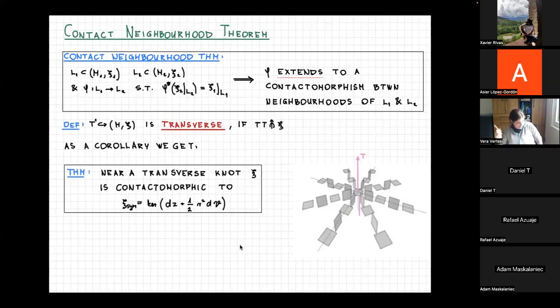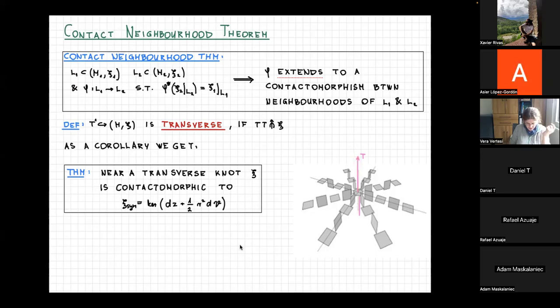The same theorem holds for transverse knots. A transverse knot is the type of knot where the tangent of the knot is transverse to the contact structure. So this is a transverse knot here.